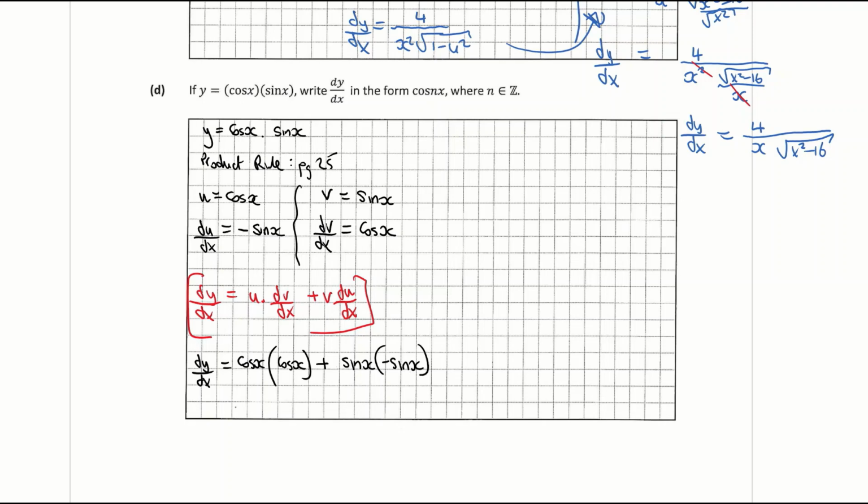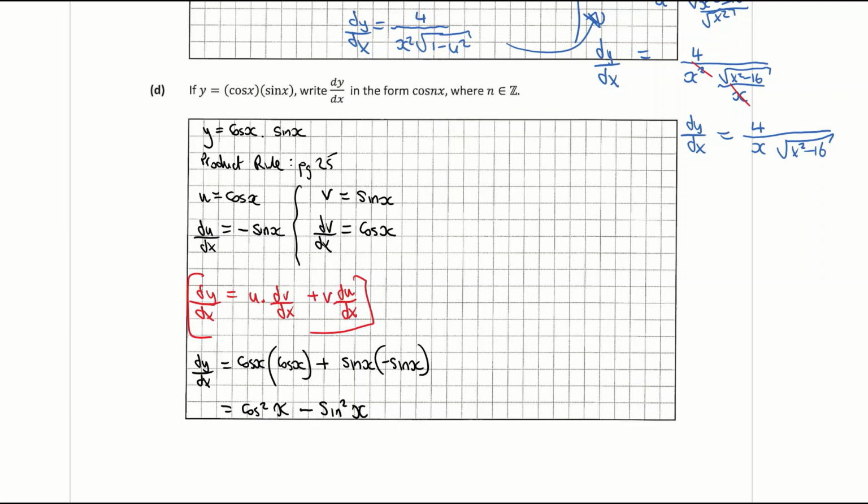Cos x by cos x is cos squared x. We put the square on the cos, not on the x, just the way it's written. And positive by negative would give me a negative here. And sin by sin, again, would be sin squared x. Again, the squared goes on the sin, not on the angle.